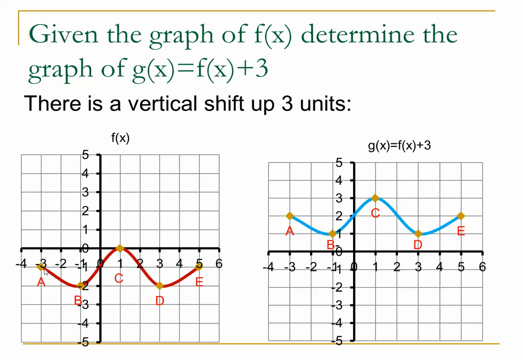The entire graph, almost as if it was on a rail, you're going to pick it up and shift the whole thing up 3 places. So if you trace each point, point A, 3 places, B, 3 places, etc. So very literally, the entire graph just shifts up 3 places.